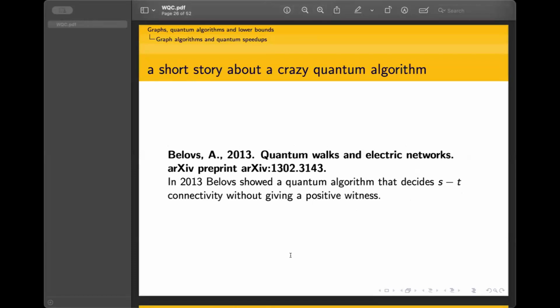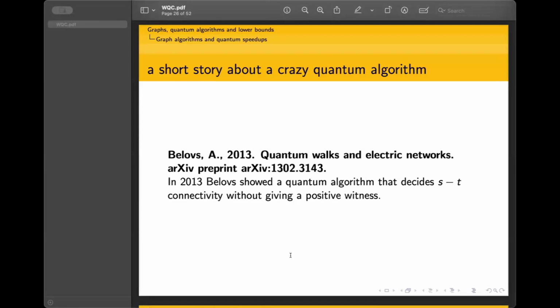Because classically, usually you'd employ some path finding algorithm on your graph, like breadth first search, depth first search, or Dijkstra, to search for a path from one vertex to another. If you decide that two nodes are connected, then usually, as a byproduct of your algorithm, you can also output the path between the two vertices. And this is really intuitive.